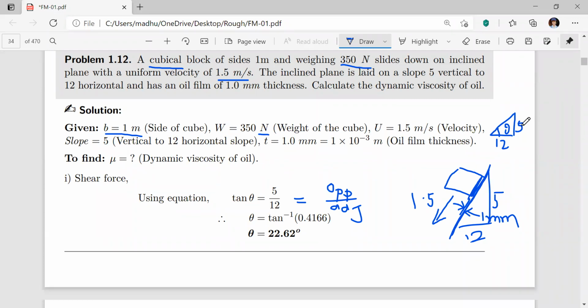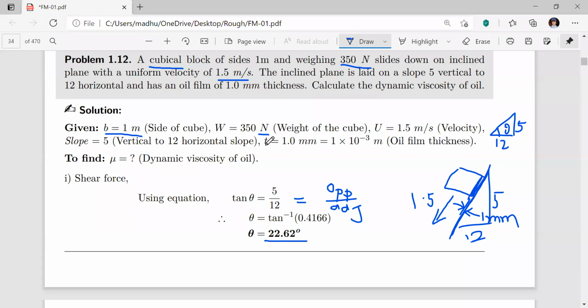Sin theta will be 5 by the hypotenuse. Cos theta will be 12 by the hypotenuse, that is adjacent by hypotenuse. Opposite by hypotenuse is sin theta. Now 5 by 12 is opposite by adjacent, so that value is 22.62 degrees that we will calculate here.